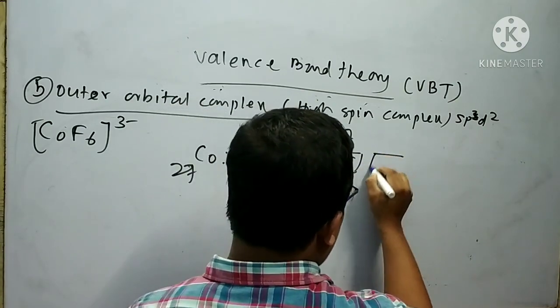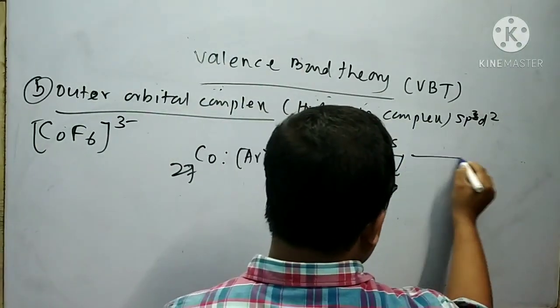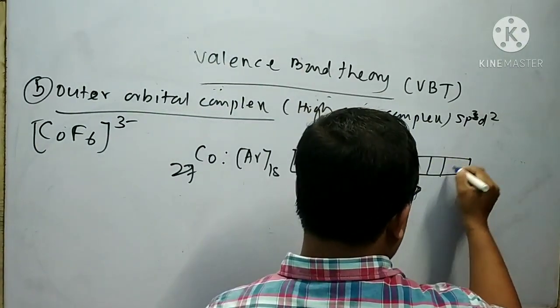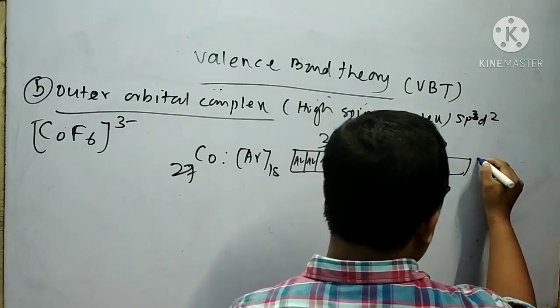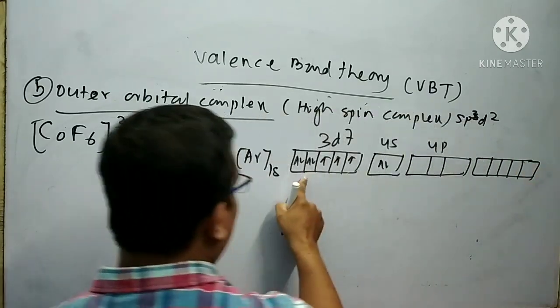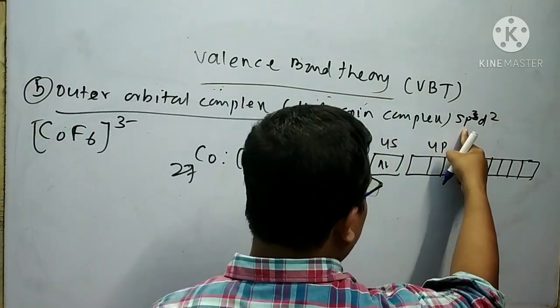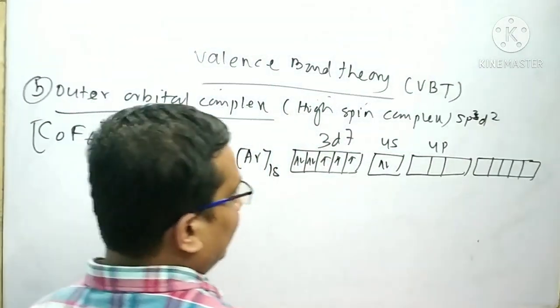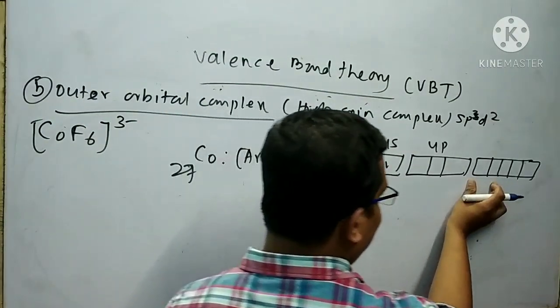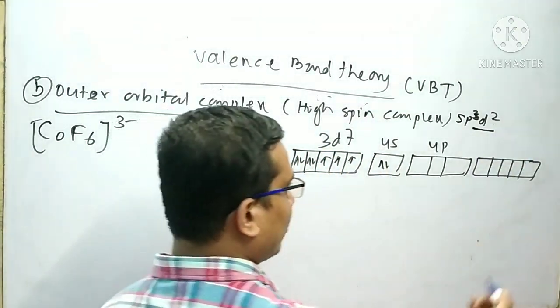Next I will write the 4s having 2 electrons, 4p is vacant, 4d also vacant. We do not take this d orbital for the hybridization sp3d2. We generally take this d orbital because here the d orbital must be your outer d orbital.